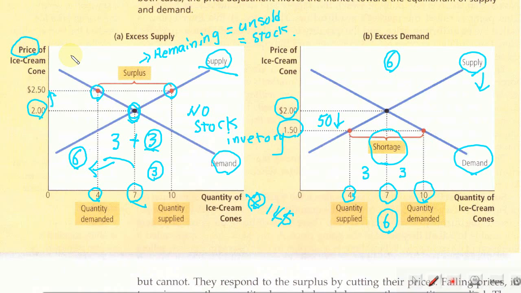Okay, in this case, what happened? Once there is surplus, the seller, the supplier, is damaged by stock. Once the product is in their warehouse on stock, then their profit will be reduced because the cost for resolving the stock product will be increased, and this cost will reduce their profit.